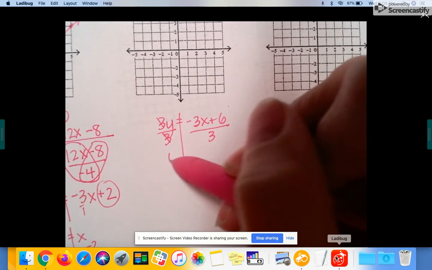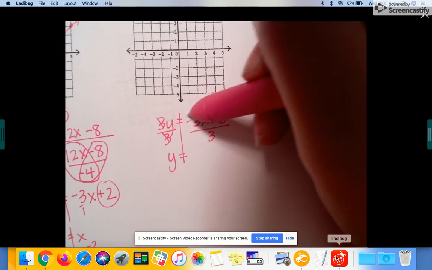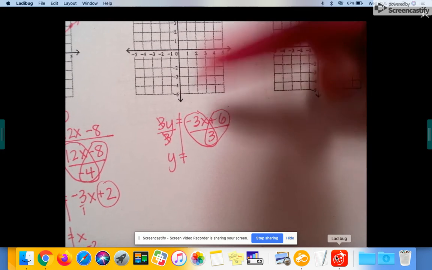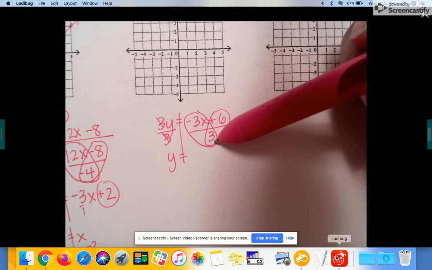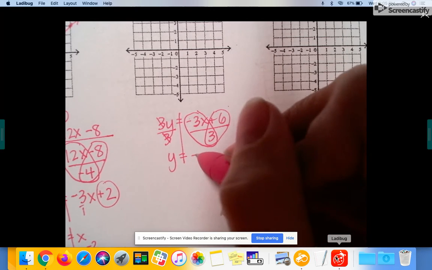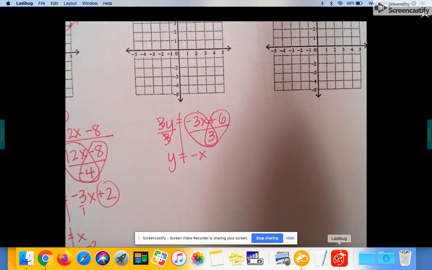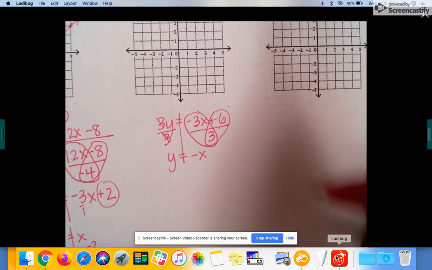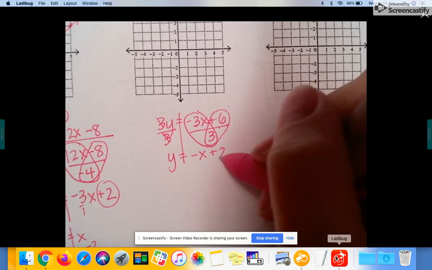On the left, they cancel. On the right, you got to do the little heart trick. -3 divided by +3 is -1x. I'm going to just let it be hidden invisible. 6 divided by 3 is 2, so +2.